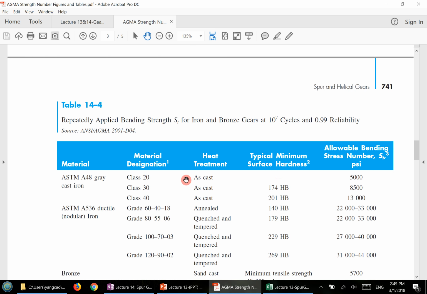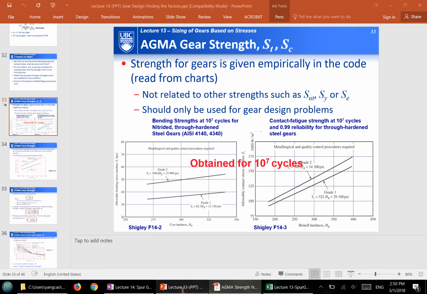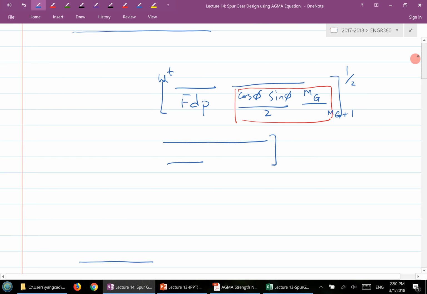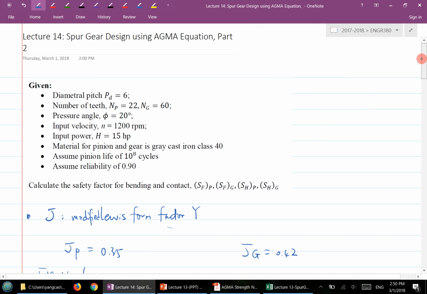I didn't see what class it is, but I think the question says class 40. So cast iron class 40.